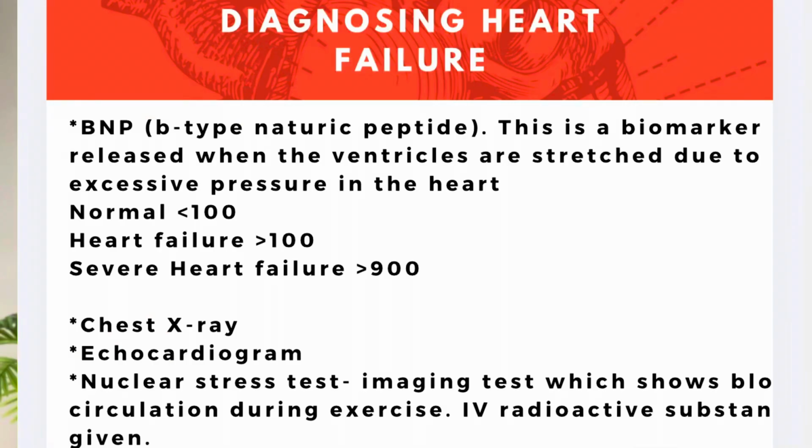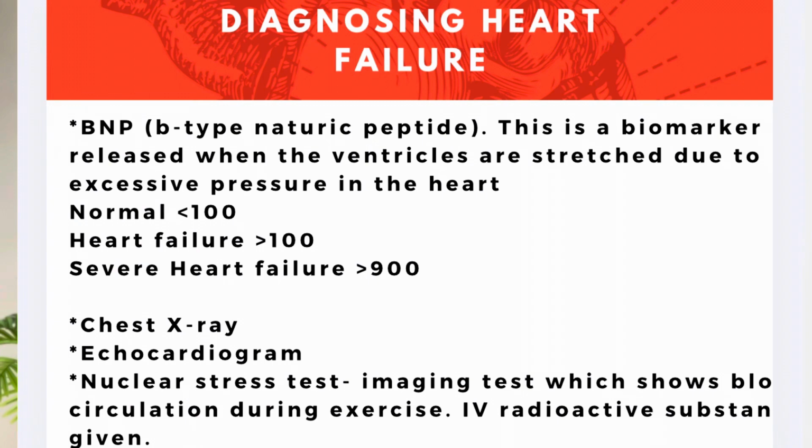So aside from the signs and symptoms that we have established, how else do we confirm someone is having heart failure? There are certain tests we can do, and these will help us to indicate whether there's heart failure and even its severity. The first thing we do is the BNP, which is short for B-type natriuretic peptide.